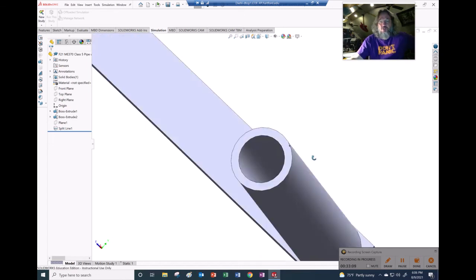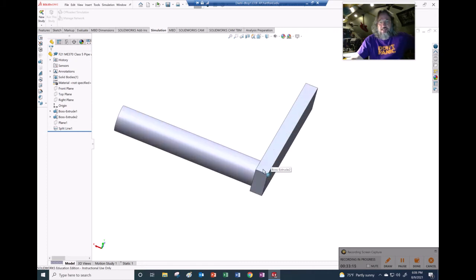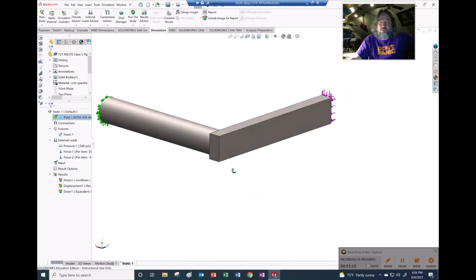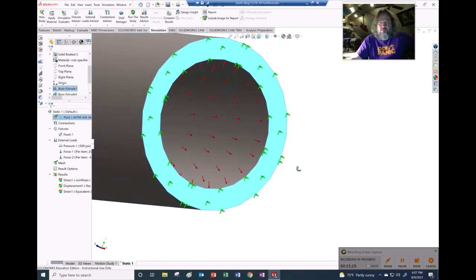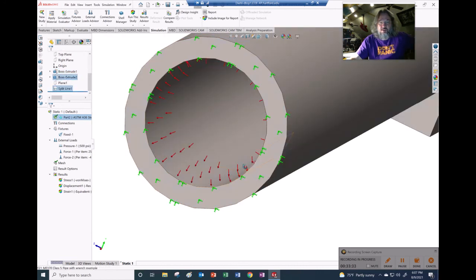I made sure that when I built this thing, the center of this is 10 inches away from the point that we care about. And then when I put the loading onto it, first off, I put pressure all along the inside right there. And I did put pressure on the back surface.